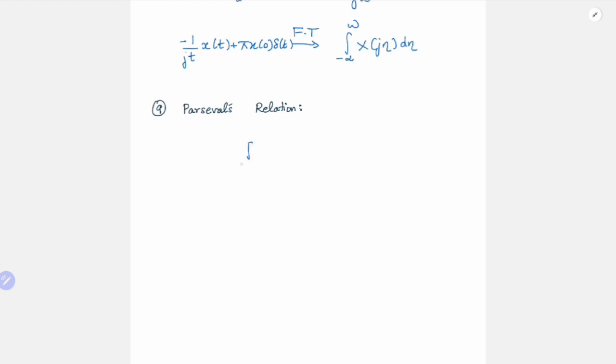So here again, the energy of the signal in the time domain is nothing but 1 over 2 pi integral minus infinity to infinity mod X of j omega whole square d omega. It is again with the 1 over 2 pi factor, the total energy in the frequency domain.